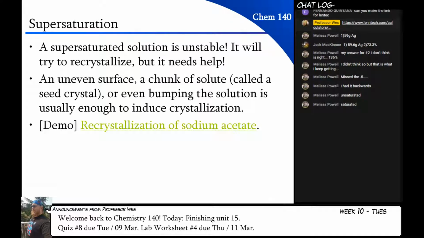Now, I do have another video to show of this, so let me see if I can find fun with sodium acetate here.